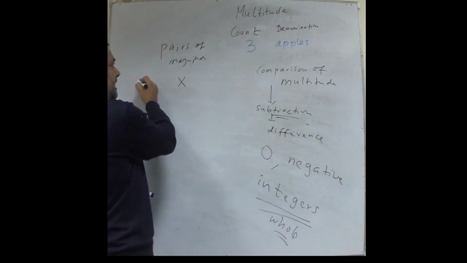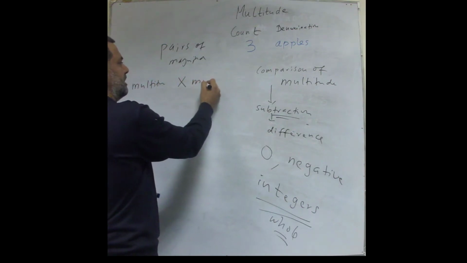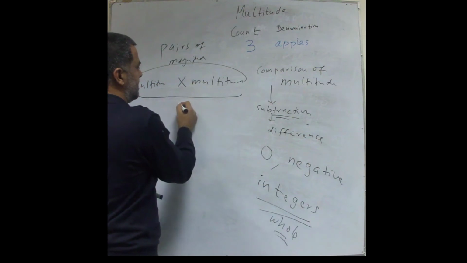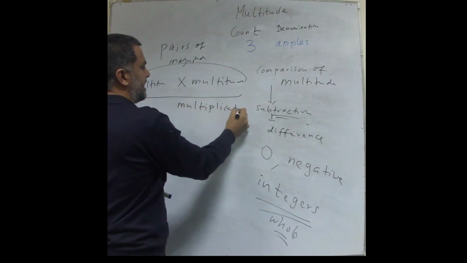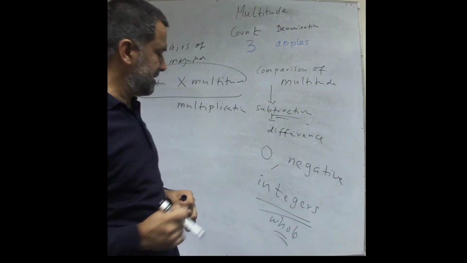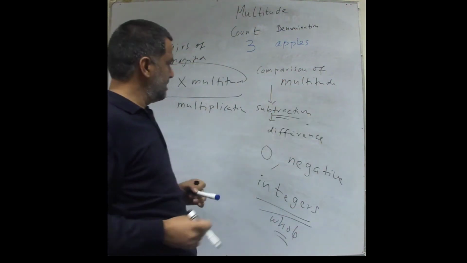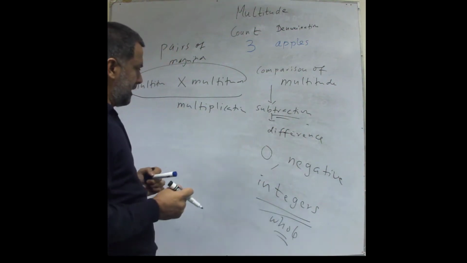You have one multitude multiplied by another multitude. So you see, multiplication arises naturally when you try to pair things up. And of course, you can have multiple groups. So this times this, and so on.